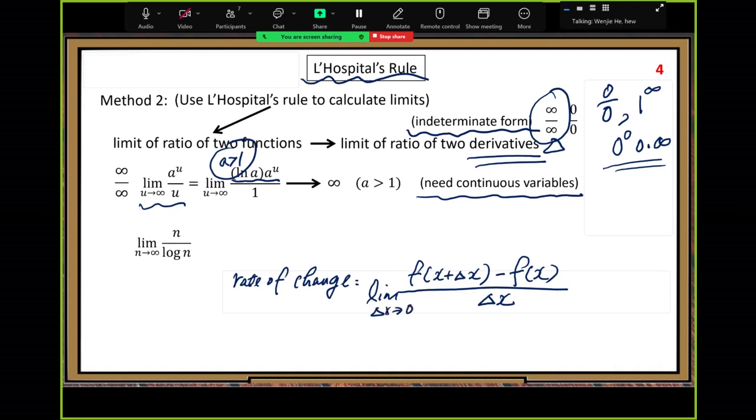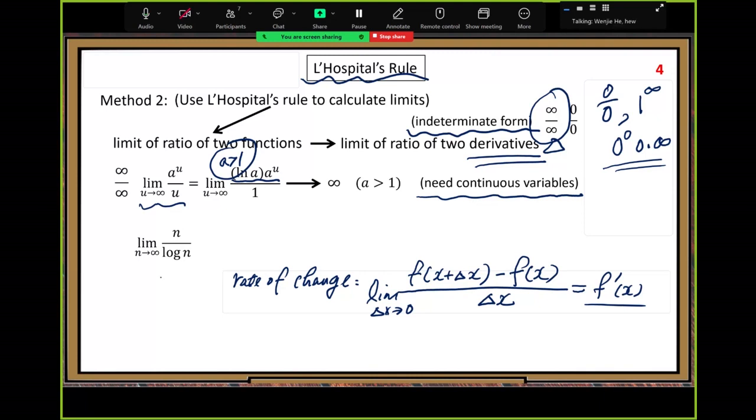This is the definition of the derivative. We use prime, f prime of x. You need to make sure this step is legal. Then you can apply the derivative.